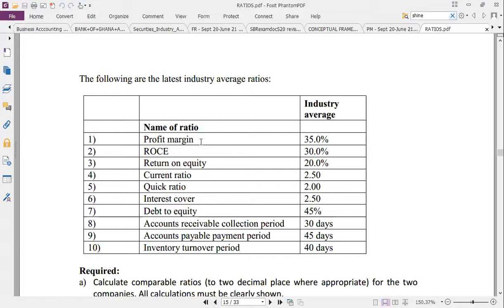Net profit. So which of the profit are you going to select? That's part of the game. Now ROCE, return on capital employed, and ROE, return on equity, current ratio, quick ratio, interest cover, debt to equity, account receivable collection period, account payable payment period, inventory turnover period.